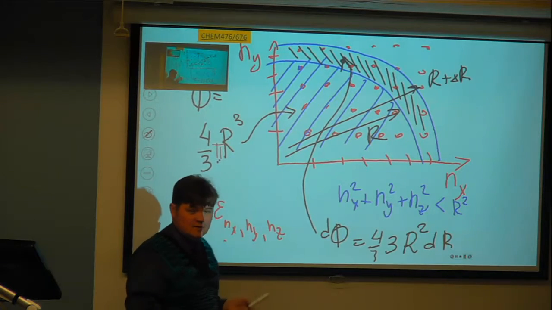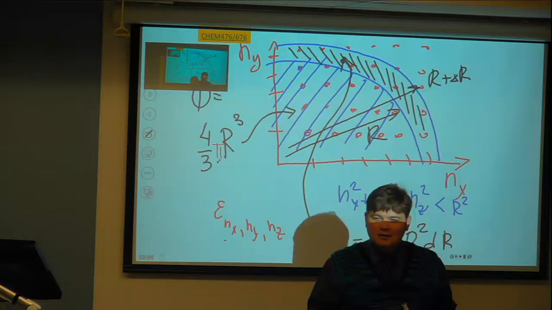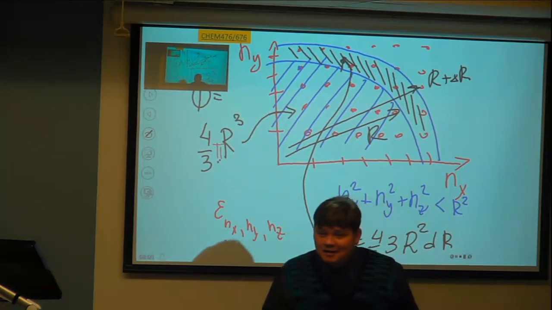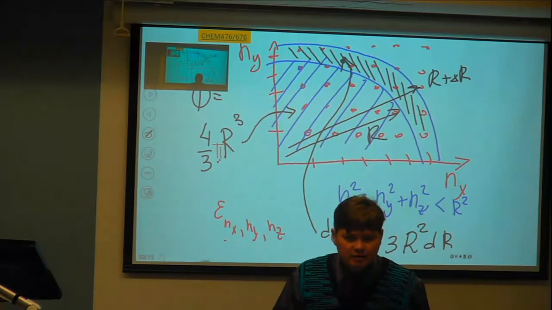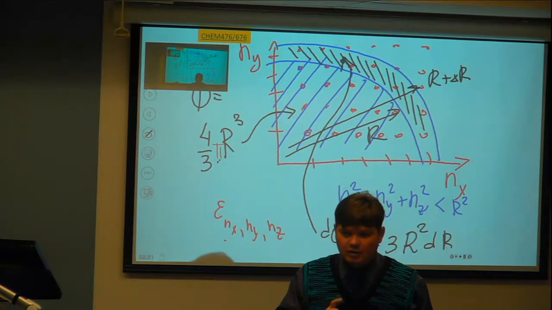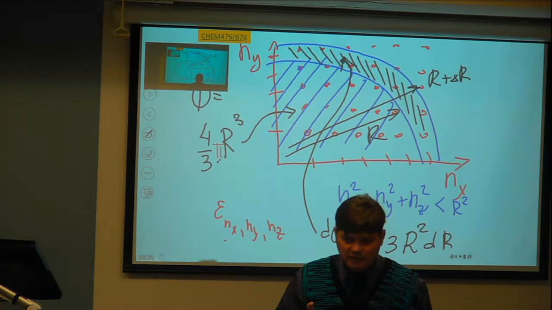Let me make a little test so that you are with me. What's the area of a circle? Not length. Area. So area is always second power. Length is first power, area is second power, volume is third power. So it should be r squared. Right?